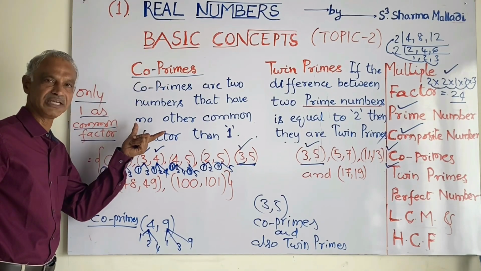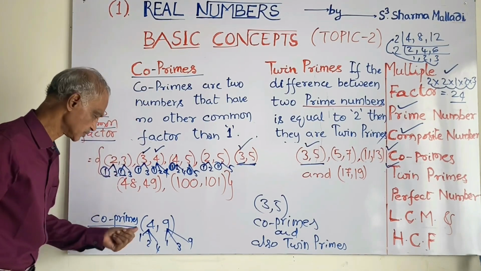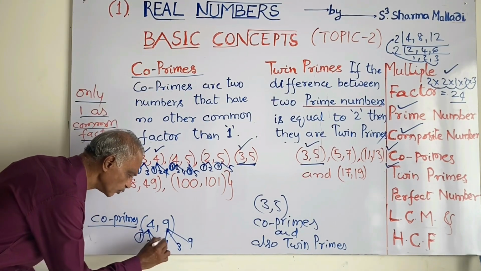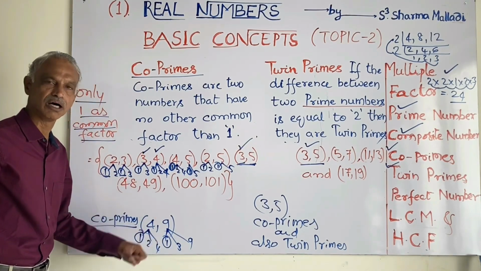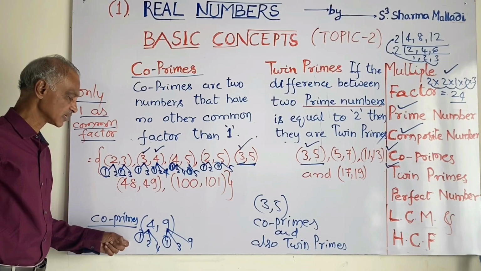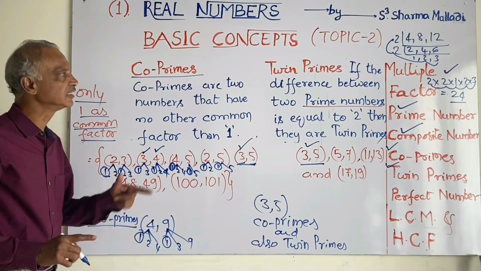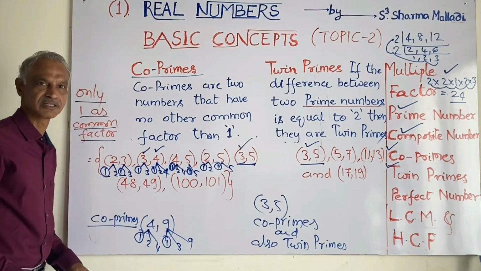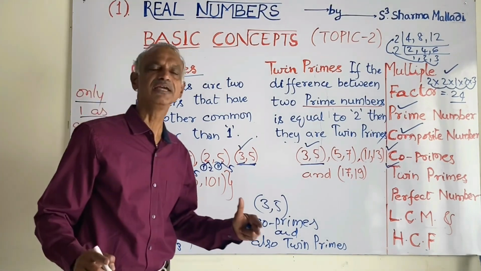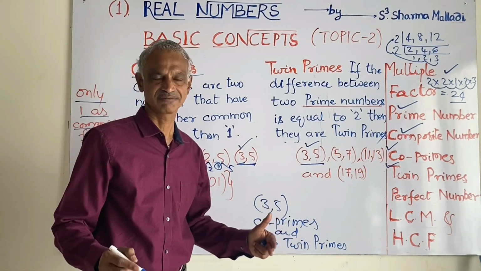They need not be prime numbers. You see, what is the common factor to 4 and 9? 1 is the common factor. That's why 4 and 9 are co-primes. 4 and 9 are not twin primes because they are composite numbers.